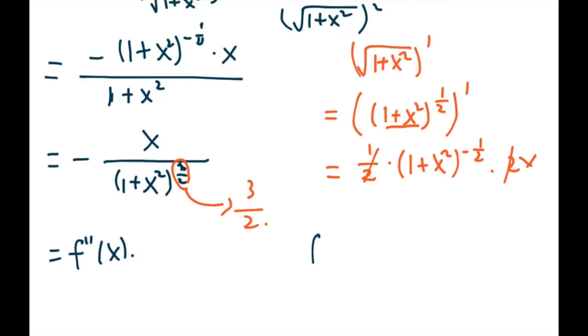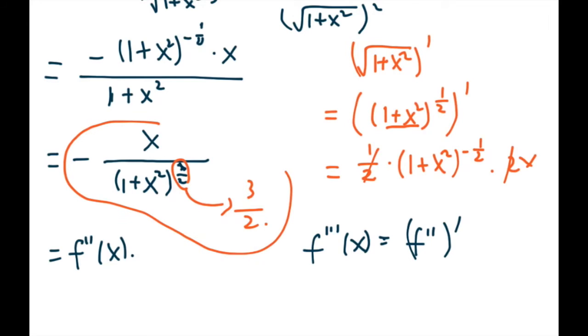And the f triple prime is take another derivative of the f double prime. Okay, so basically to find the f triple prime, we're going to work based on this part of the result. Okay, so let's go to the next page.